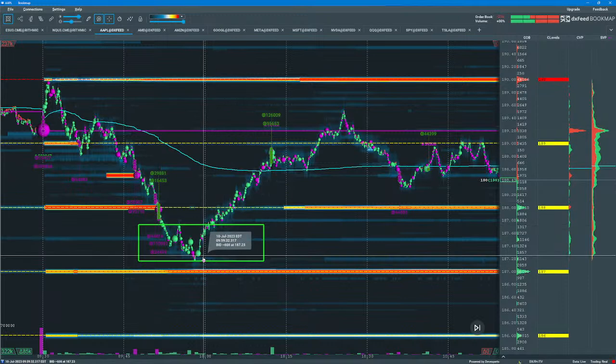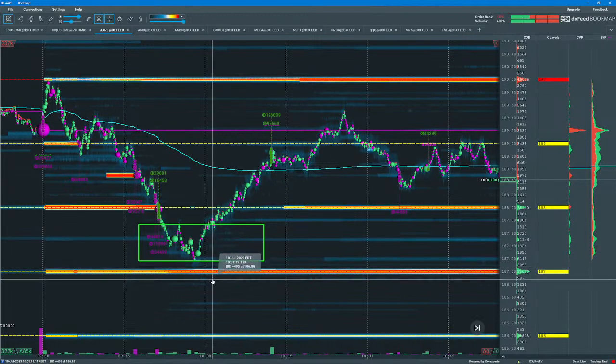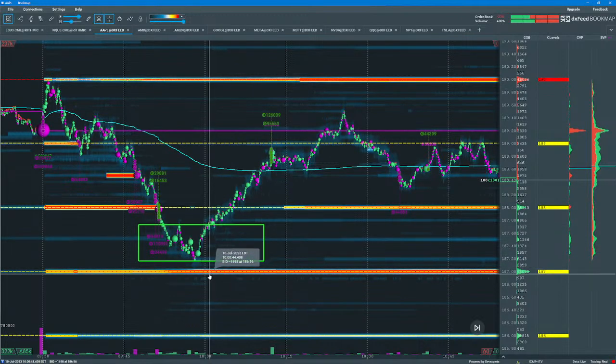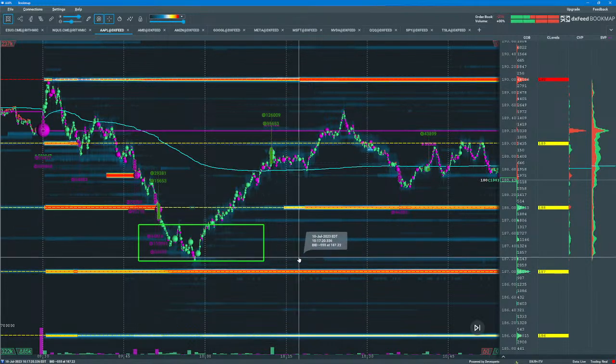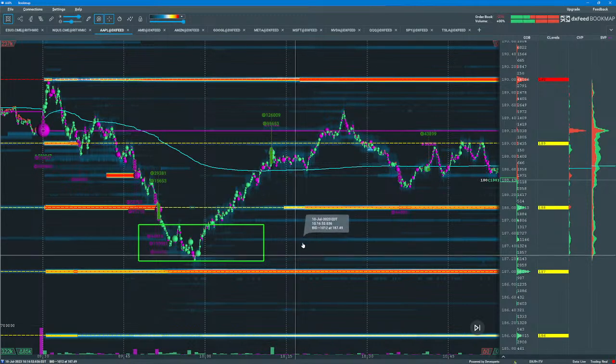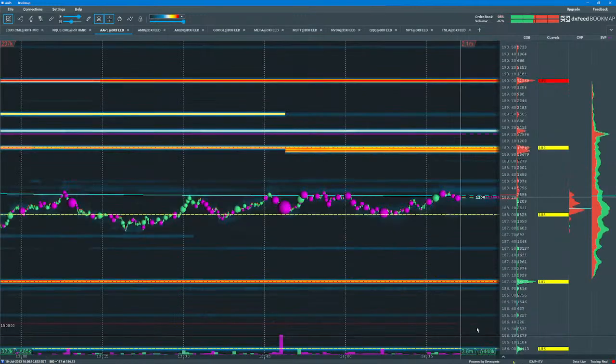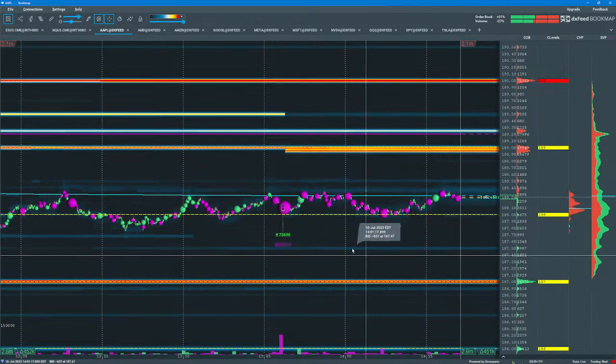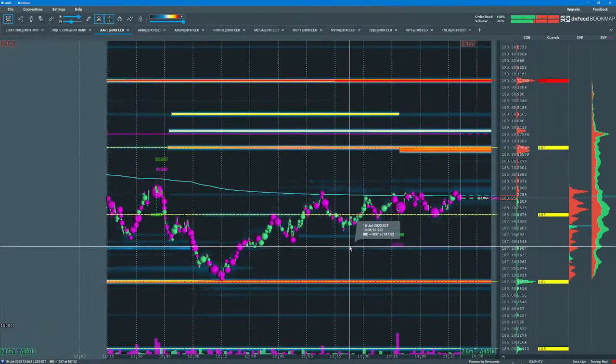So order flow clearly shifting bullish here. Aggressive buyers coming in as price approaches the 187 level, and good for a couple of points in Apple. All right, so those are the volatility alerts for stocks that I wanted to highlight.